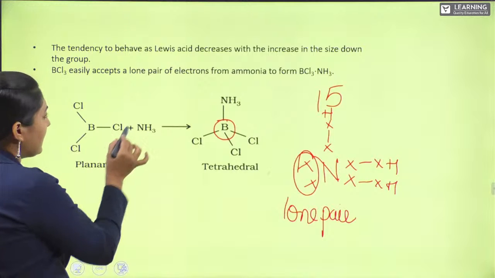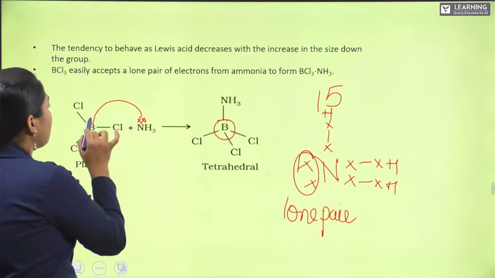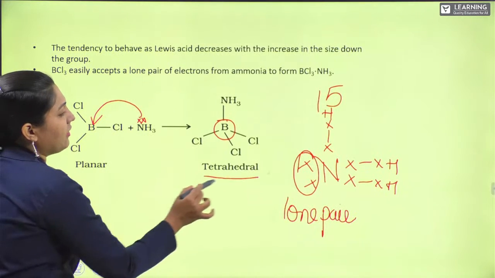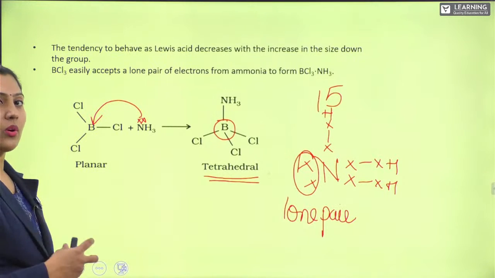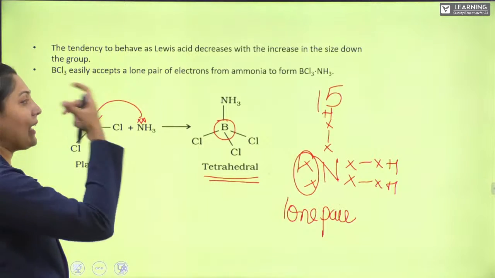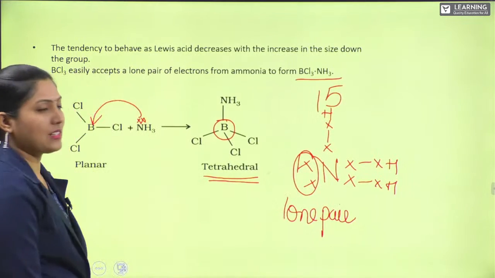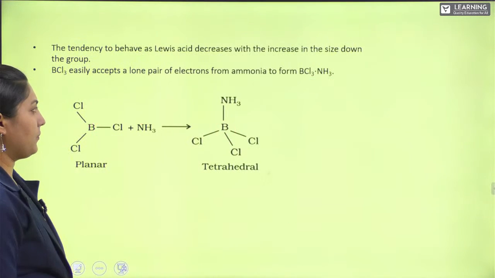If you have BCl3, the lone pair will be here in the nitrogen, and that can be easily attracted by this boron. And hence, we get the tetrahedral structure of this complex where BCl3 is attracted towards NH3 to form BCl3.NH3. Hope you understand this. Good.